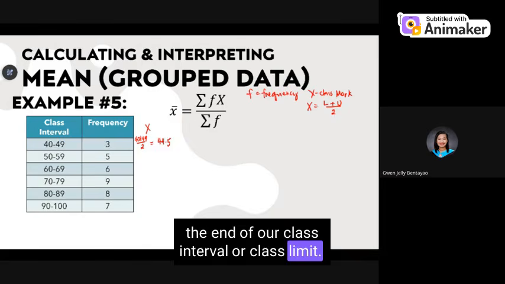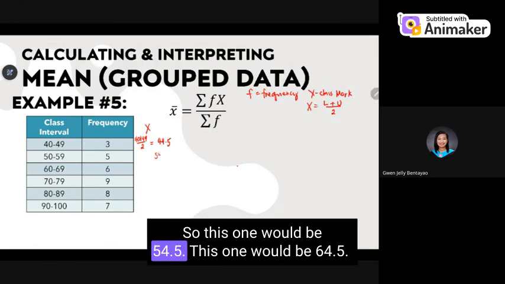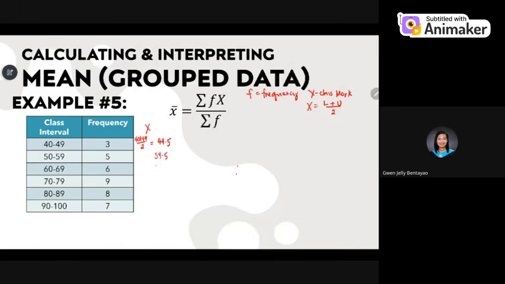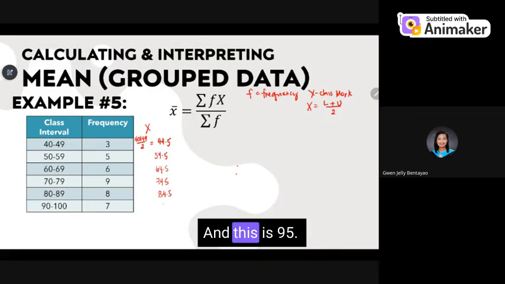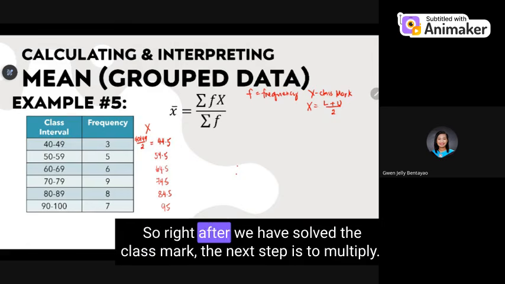So this one would be 54.5. This one would be 64.5. This one would be 74.5. This is 84.5. And this is 95. So right after we have solved the class mark, the next step is to multiply.